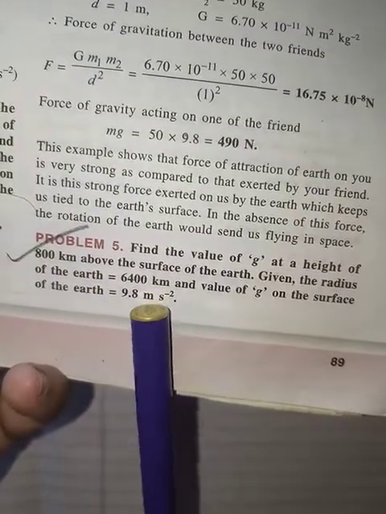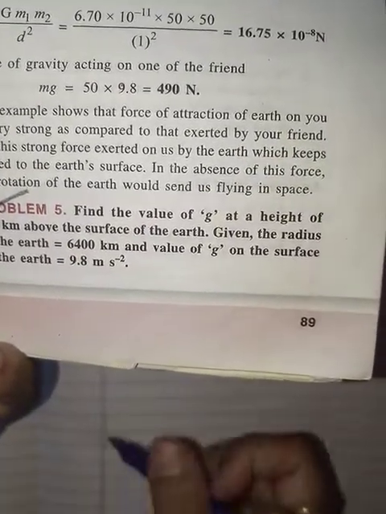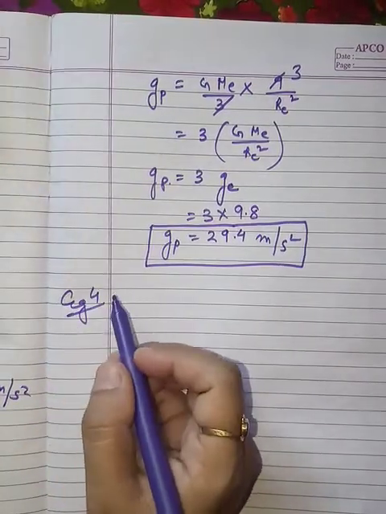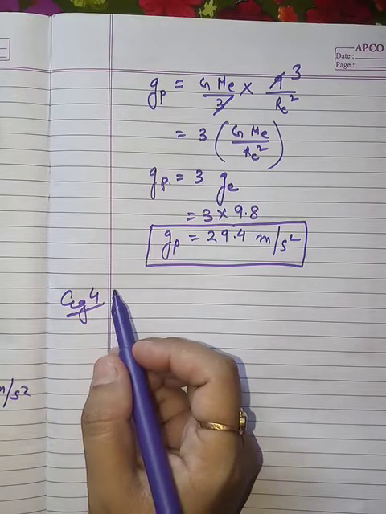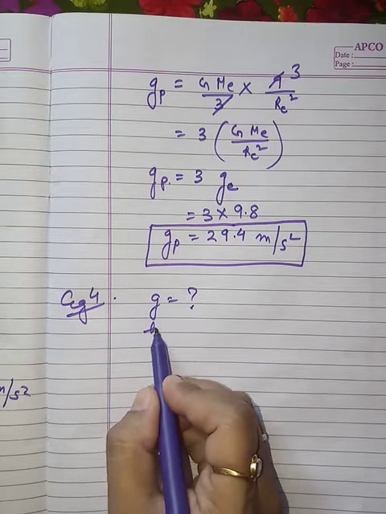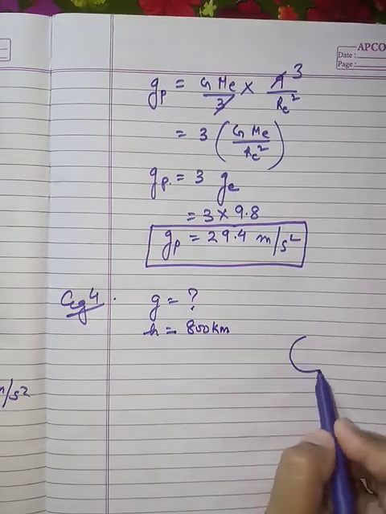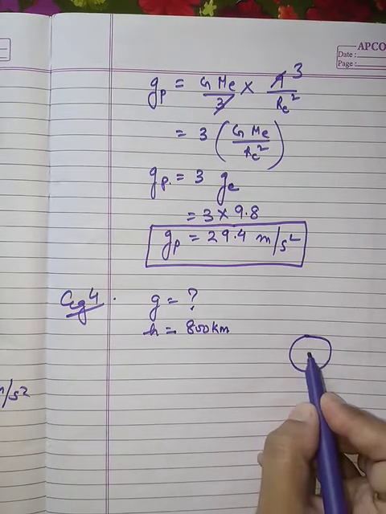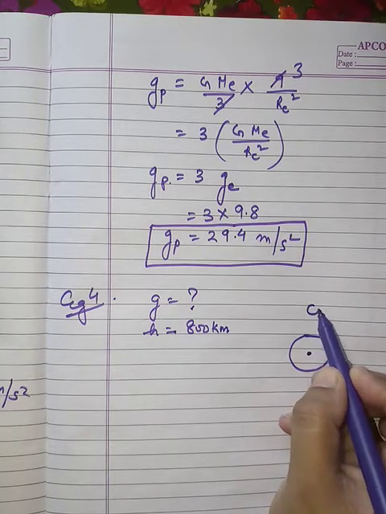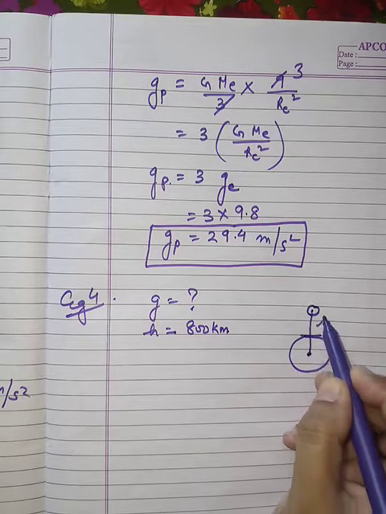In this question, a lot of calculation must be there, so let us start calculating it. Value of g needs to be found out. The distance, that is height, h, is 800 kilometer above the surface of earth. When we found the formula for g, we considered this thing, you remember, height above the surface of earth.